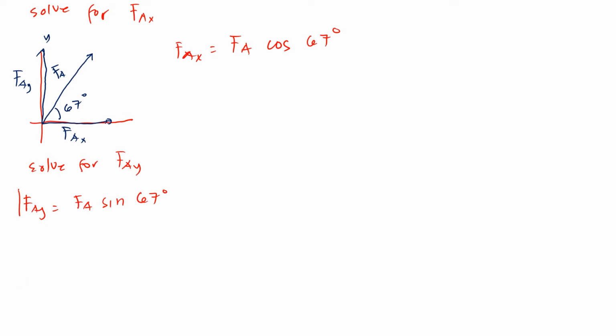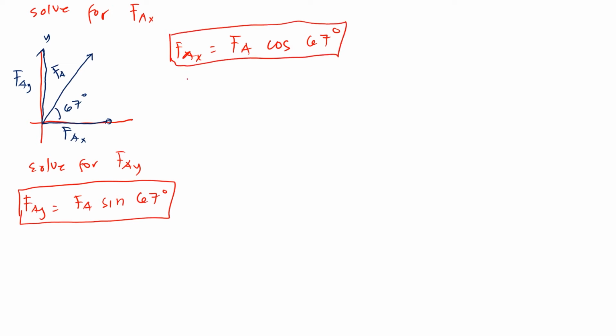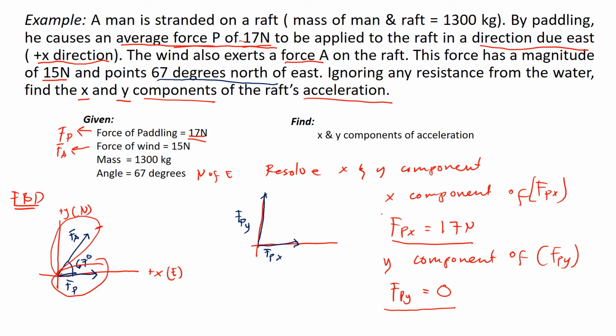Let's highlight this. We now have the x and y components for the force of the wind, and also the x and y components for the force of paddling. The next thing to do is to solve for the summation of forces.